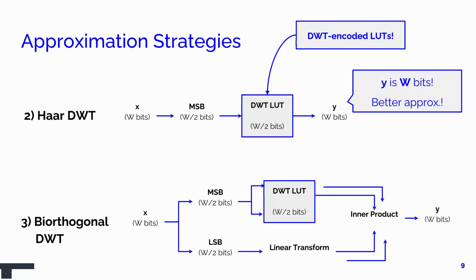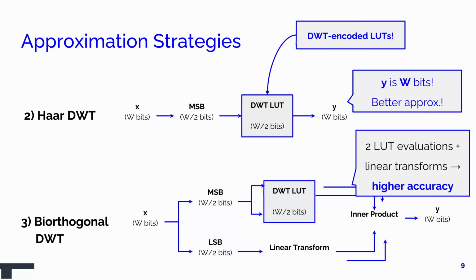And then when we go to the biorthogonal DWT, there are more things going on here, but overall, I want to give you the intuition that here we do 2 DWT lookup table lookups, and we also use some linear transforms, and by putting everything together, this ends up being a bit more expensive, but yields a higher accuracy.